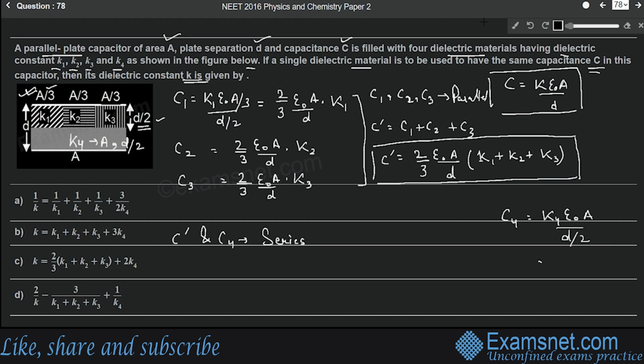That means 2 K4 epsilon naught A by D, because for the fourth one the area was A and the distance was D by 2, right? So these two are in series combination. So 1 by C equivalent will be equal to 1 by C dash plus 1 by C4, because we know that for series combination of capacitance we use this formula.